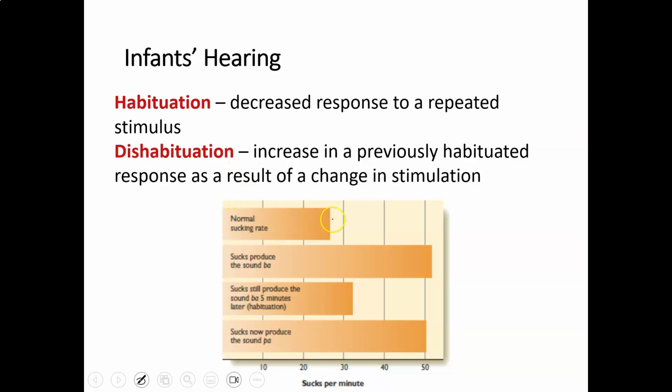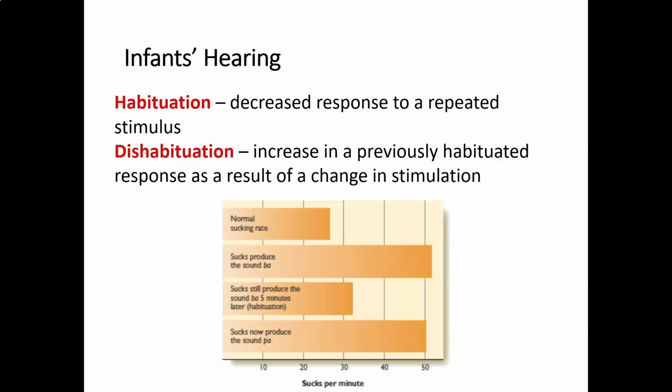So what you're looking at in this first bar is the normal sucking rate of an infant without any stimulus present. So about 28 sucks a minute, excuse me. Then they present the sound ba, repeatedly, just ba, ba, ba, ba, ba, ba, and the infant notices the sound being presented, and so it increases its sucks.